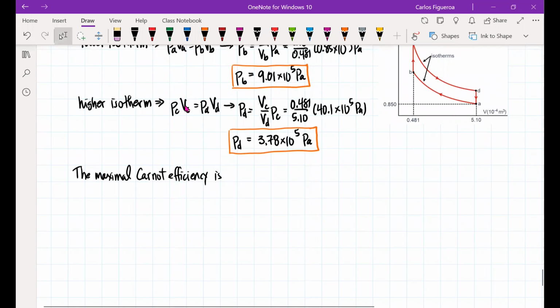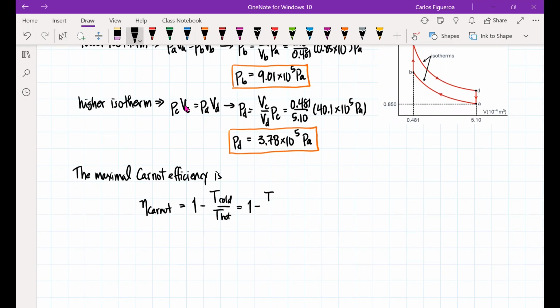So the Carnot efficiency is 1 minus T cold over T hot. And I now know the pressures and volumes everywhere. So I'm just going to stick to this one right here, where TA is the lowest and TC is the highest.